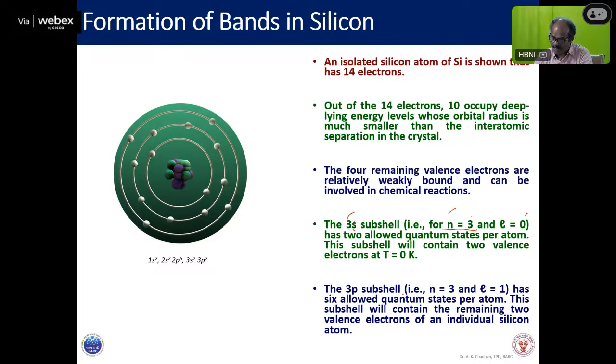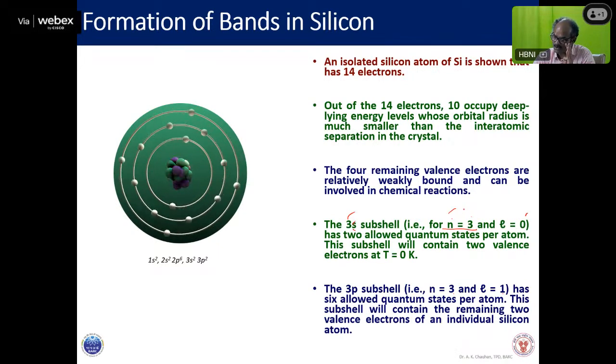Why 2? Because n is equal to 3 and l is equal to 0, so m can be only 0. Then the fourth quantum number, the spin, can be either plus half or minus half. So there are only 2 possibilities.